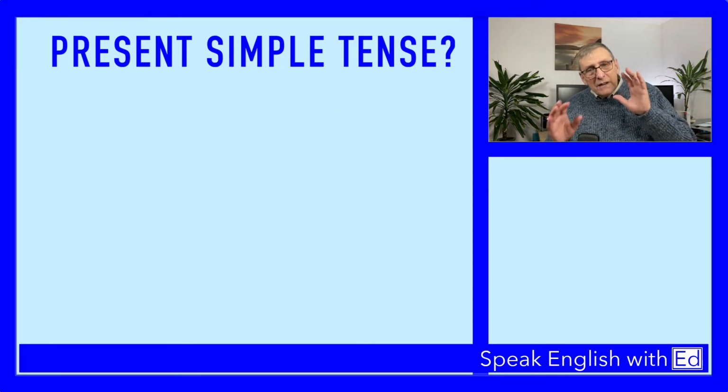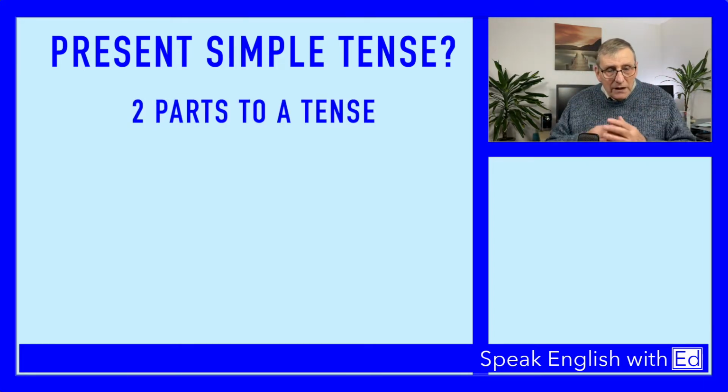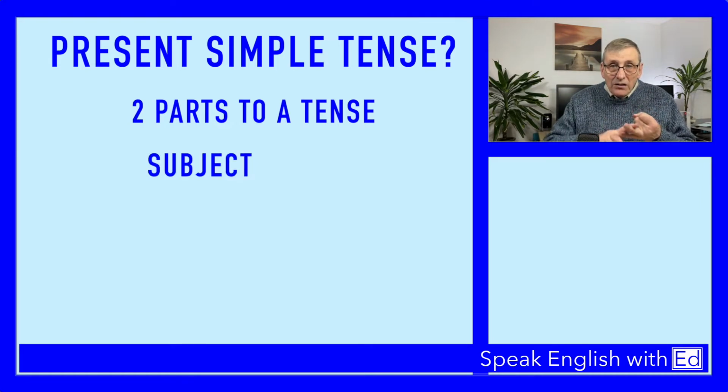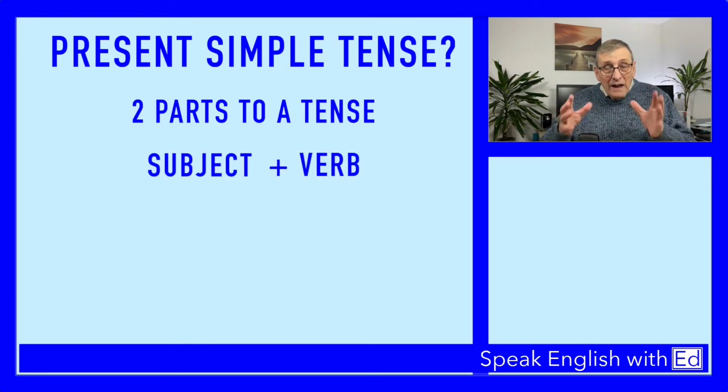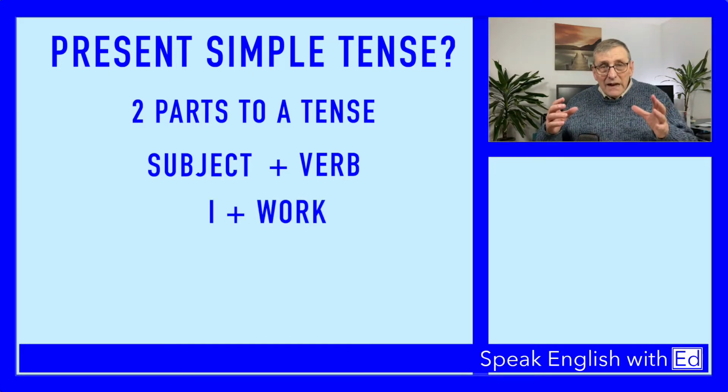So to make a tense work, you need 2 parts. You need a subject and you need a verb. And in my example there, I work, I am the subject and the verb is work. I want you to notice that the verb there is in its basic form.